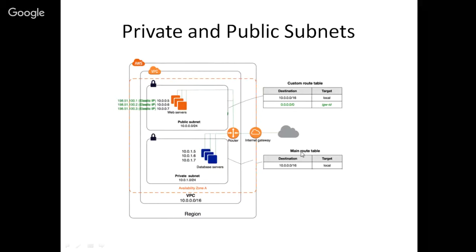So this is the main routing table. And they have created one custom routing table and added this rule so that instances can be exposed to the internet. This is my private subnet, and in my private subnet I have some database servers. This is the only route for my database servers.